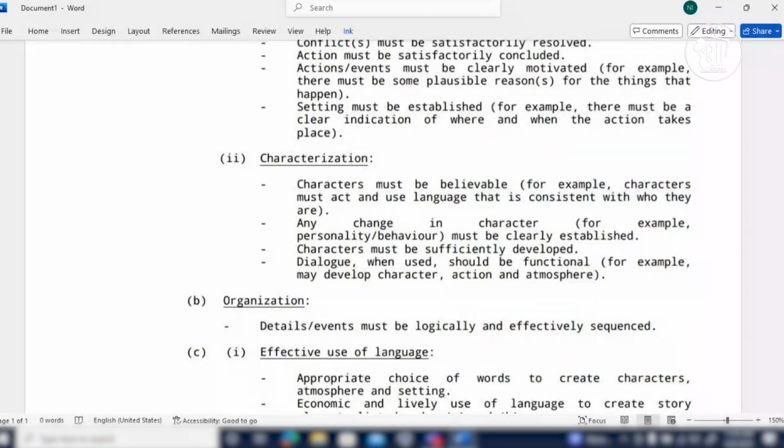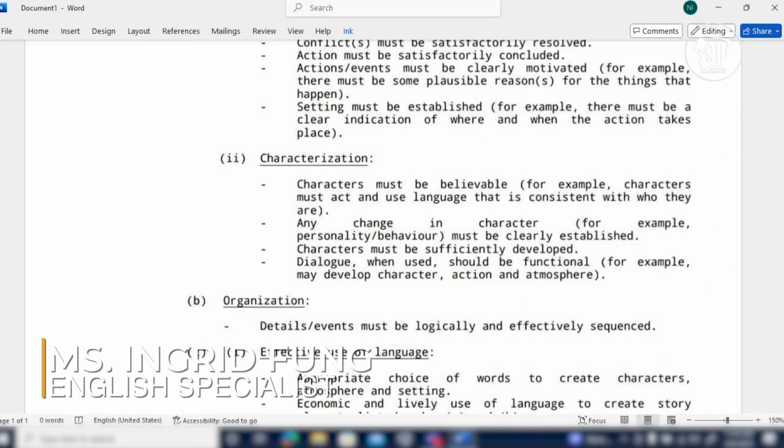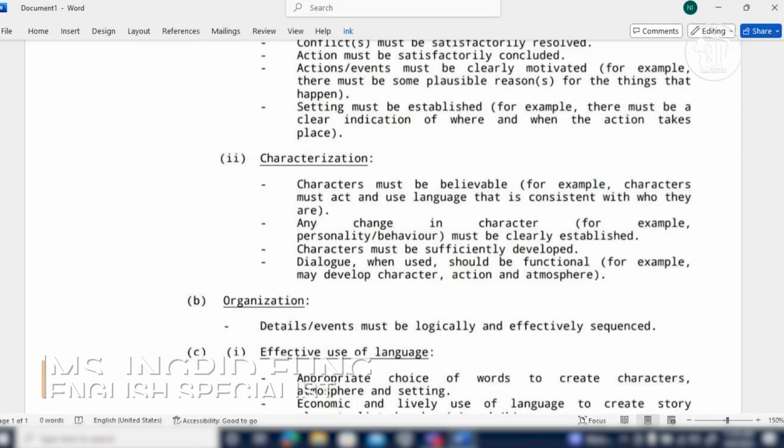Now, dialogue. As we think about characters, we think about dialogue. Let me stress something about dialogue. Dialogue, when used, should be functional. In other words, we're not just putting in dialogue for dialogue's sake, each line in a new line with quotation marks.